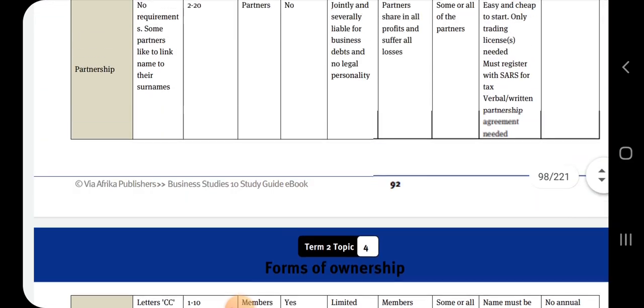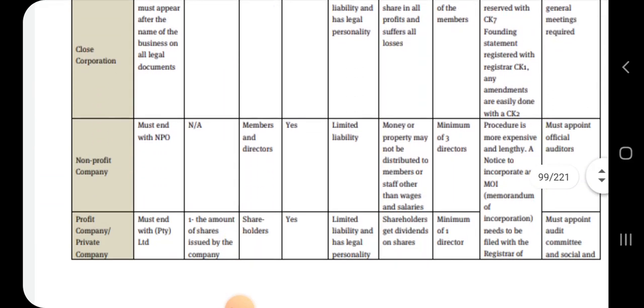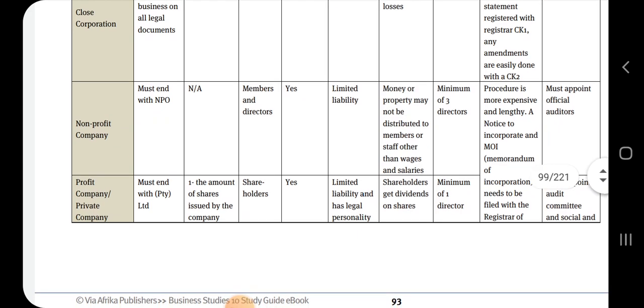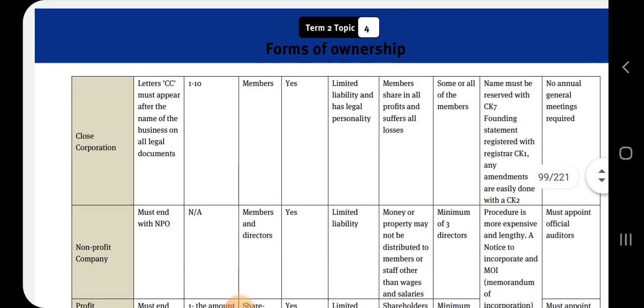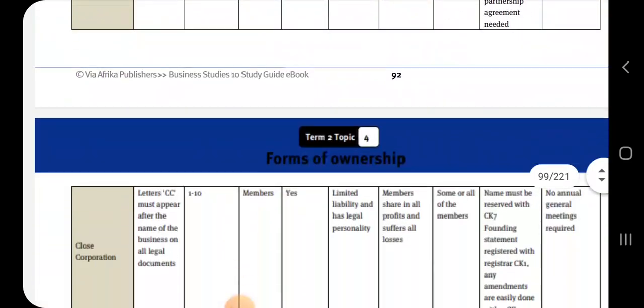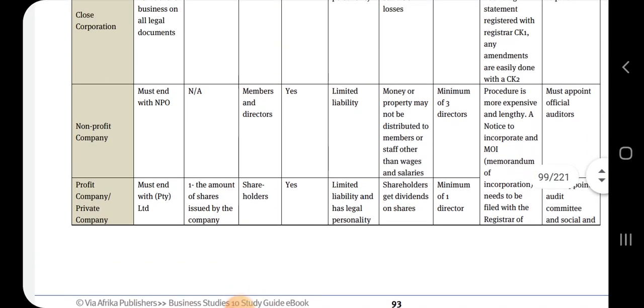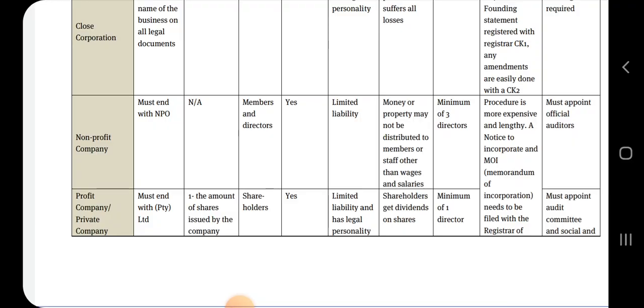And then here we have who shares in the profits. The shareholders get dividends, so we do not call them profits in a company, they get dividends. And then who manages the business? There can be a minimum of 1 director who manages the business, and the incorporation procedures are the same as a non-profit company.